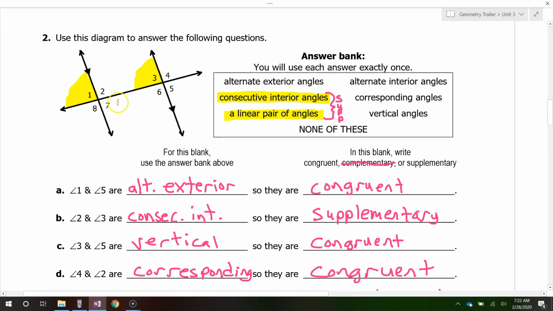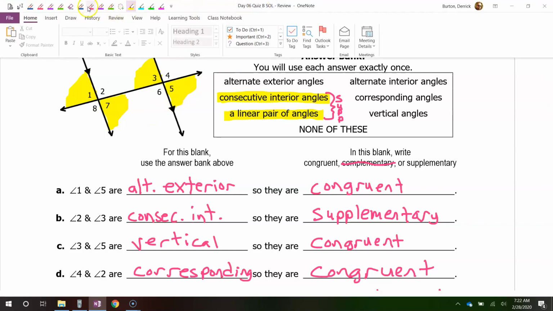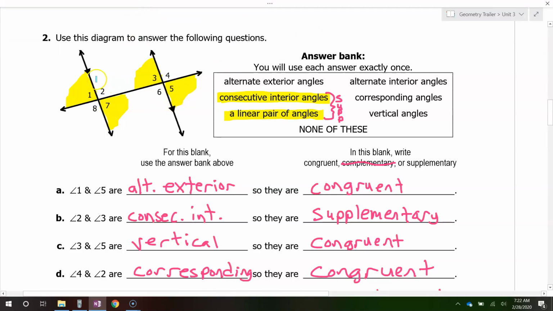But angle 1 and angle 7 are vertical angles, so they should be congruent. Angle 3 and angle 5 are also vertical angles, so they should be congruent. So all of the yellow angles should be congruent. Now let's jump to angle 2. We'll color angle 2 in blue. So angle 2 and angle 4 are corresponding angles.